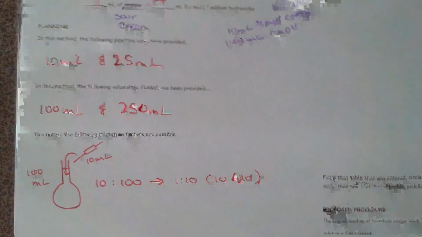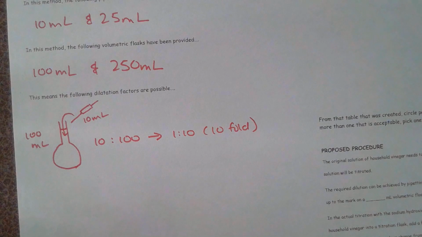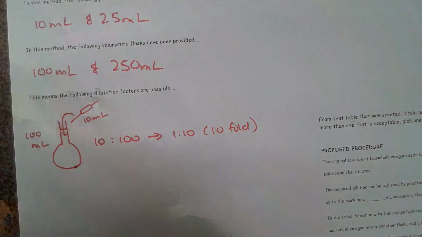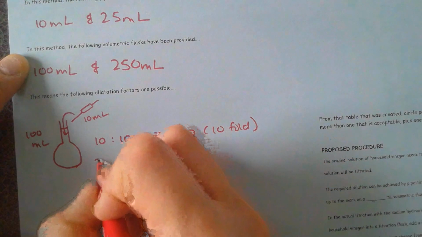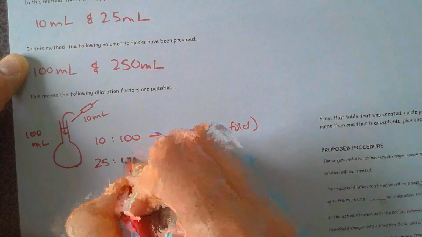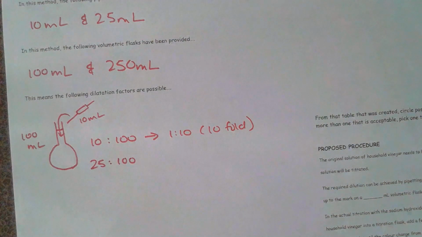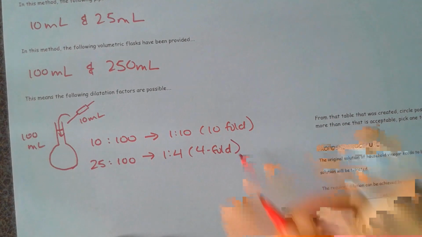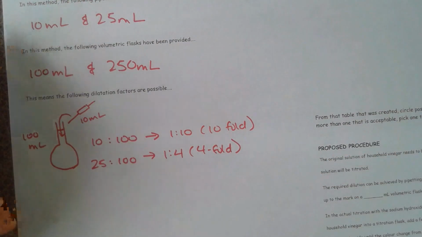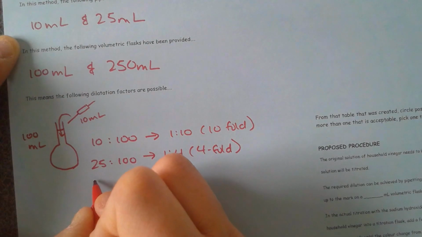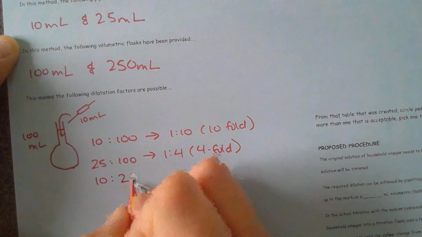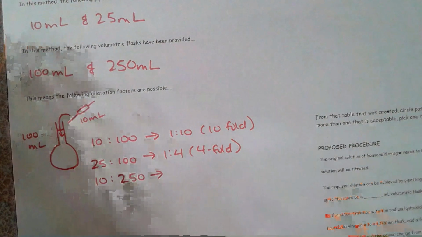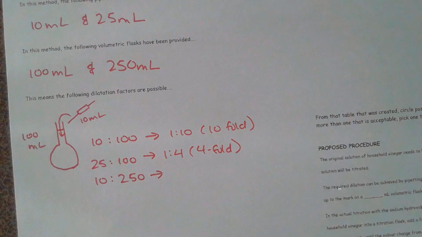All right. What are my other options? Well, I could also do 25 into 100. So if I did a 25 into 100, what's the dilution? 1 to 4. So that would be a 4-fold dilution. All right, let's go back to the 10 into 250. What dilution factor is that? 1 to 25.